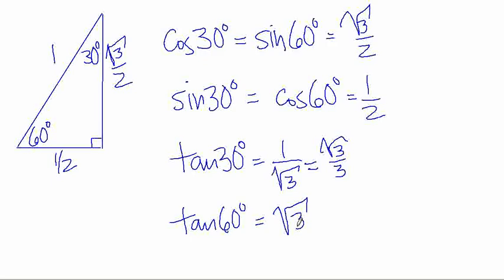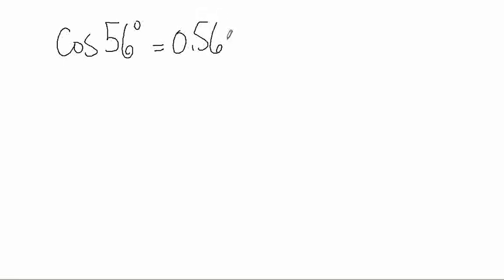All right? Now, let's finish by having you try one more exercise. Okay? So, I want you to calculate some trig values without a calculator, and I'm going to give you some hints. The cosine of 56 degrees is equal to 0.56.